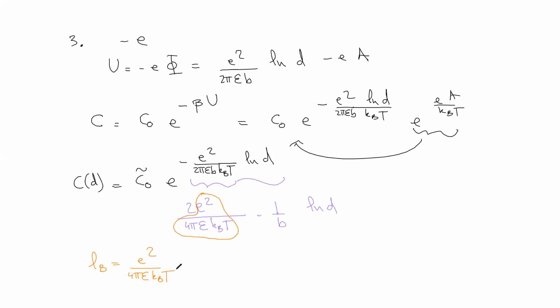This is the length you would get if you try to identify Coulomb's energy of interaction with kBT. It's the length below which Coulombic interaction dominates, and above which kBT dominates. So it's really the first length you can construct when you want to combine electrostatics and statistical physics and thermal fluctuation.